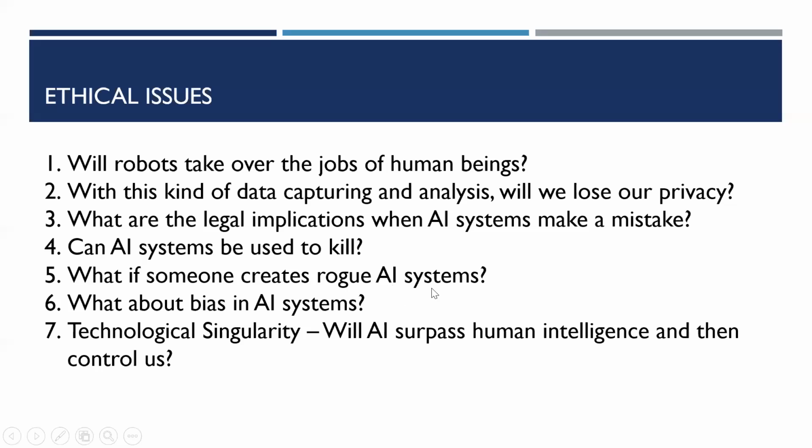What about bias in AI systems? I heard of an AI system that was created where the data set used was mainly from one particular region, people from one particular European country. When the system was used with data from an African country or some other country, it did not perform, and the results were not as expected.